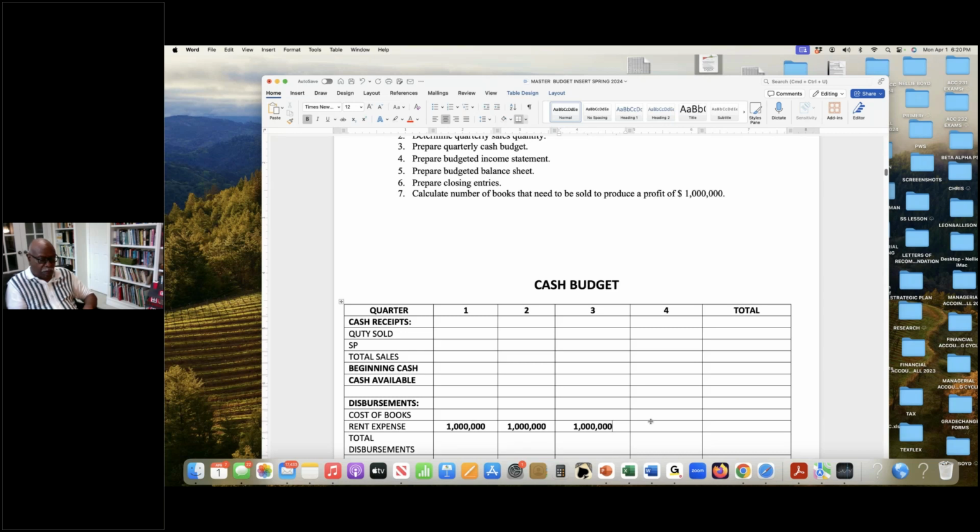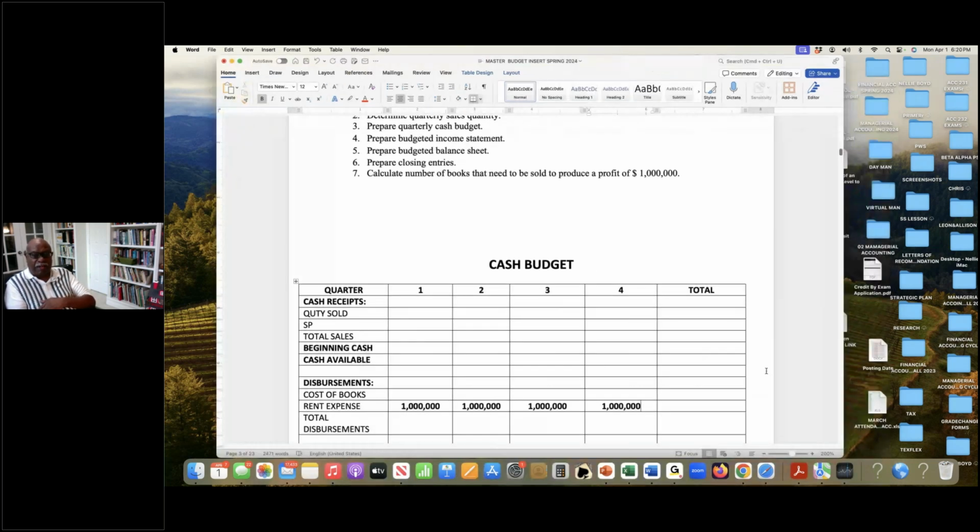And in period 4, you got to pay $1 million. So what's our total fixed cost, which is this rent? How much is that going to be? 4 million.